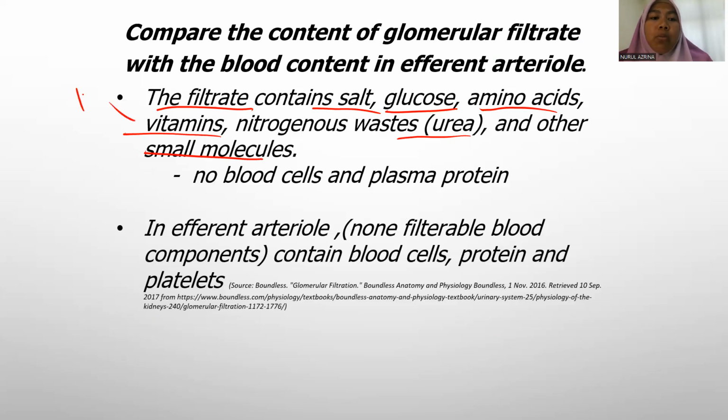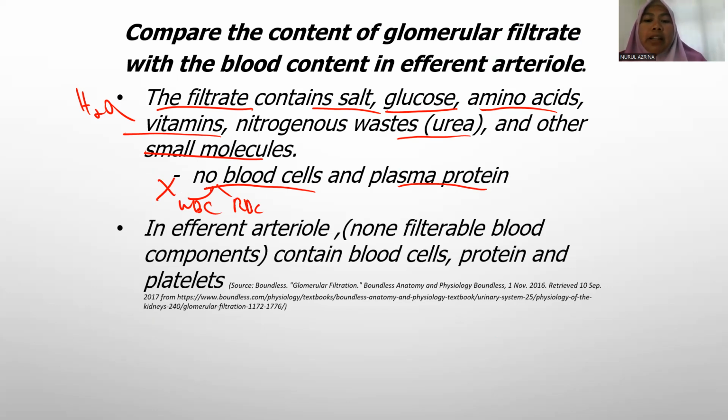So don't forget water. Okay, right? And no blood cells and plasma proteins, right? White blood cells, okay, red blood cells, right? So no blood cells can be filtered, or they shouldn't be filtered by the glomerulus.